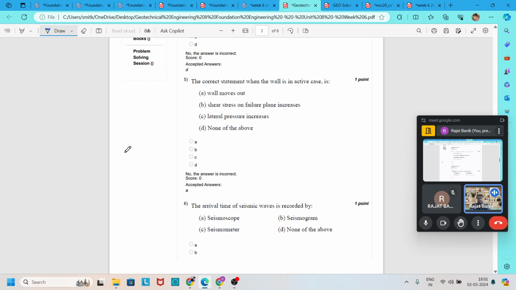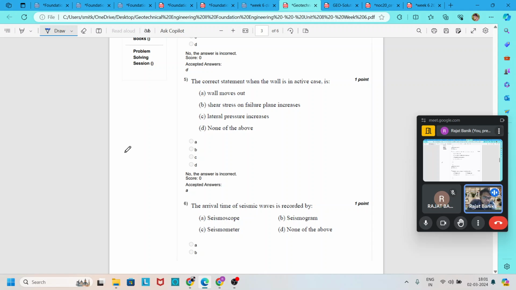Also, lateral stress is decreased in the active case and increased in the passive case. So only one option is correct, that is wall moves out. Our correct option is option A.